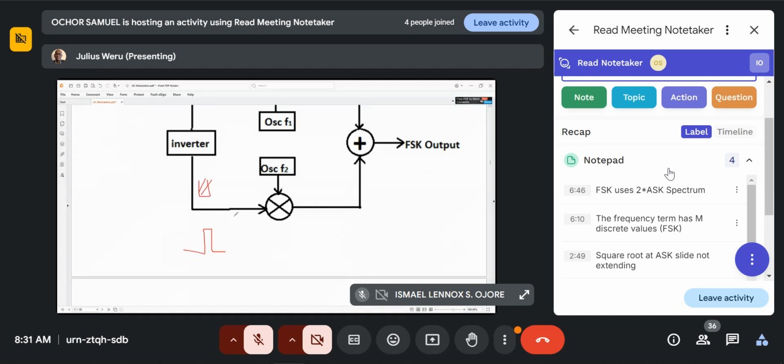If you have a 0, then it's negative, that will be changed into positive, and it's going to switch on this. So that's how it works. So you have a limiter. It's a very simple mechanism. You have 0 and 1, and they will switch different oscillators, and then the output is a combination of it.